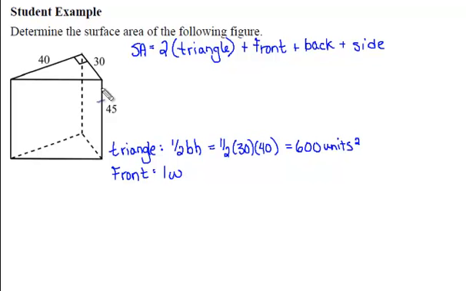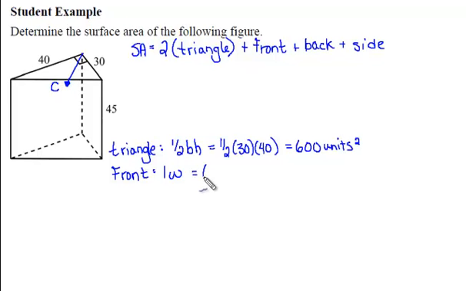My width is fine, my width is 45. However, this length is actually an angular piece that is the hypotenuse, because it's opposite to the right angle of that triangle. So I'm going to call this length right here C.